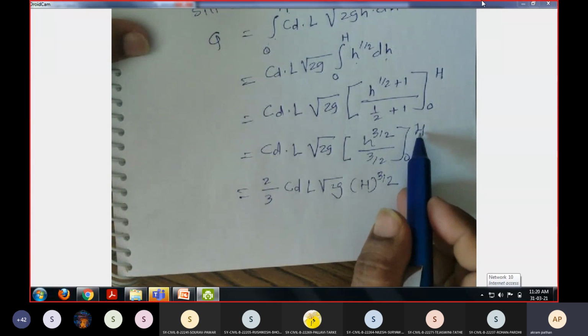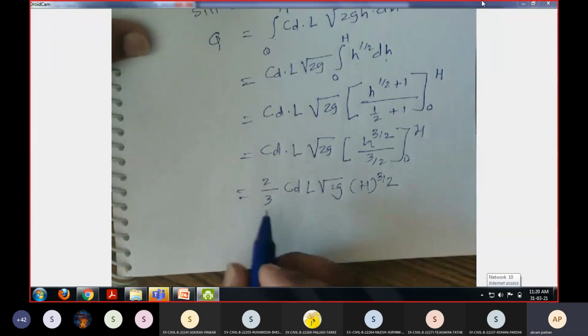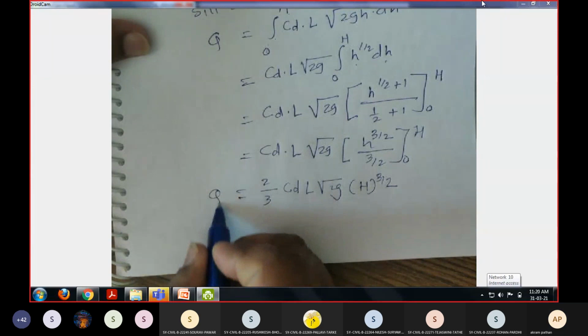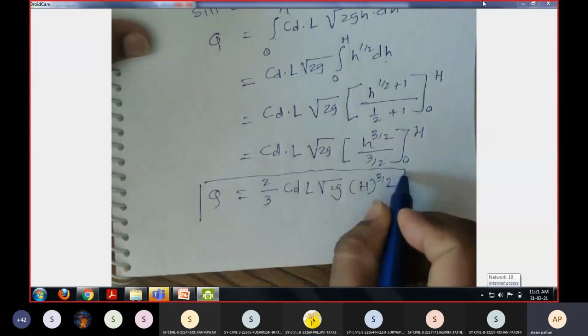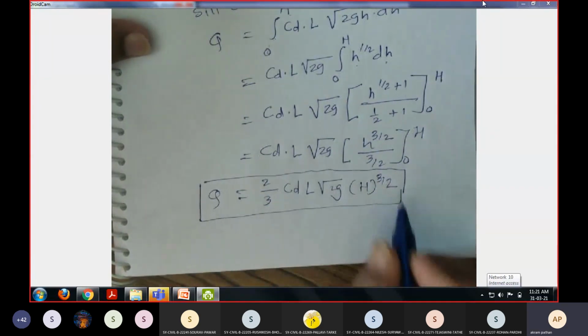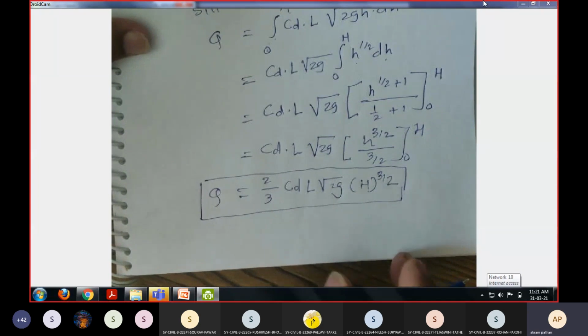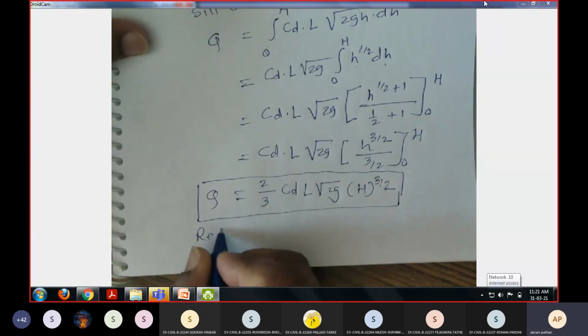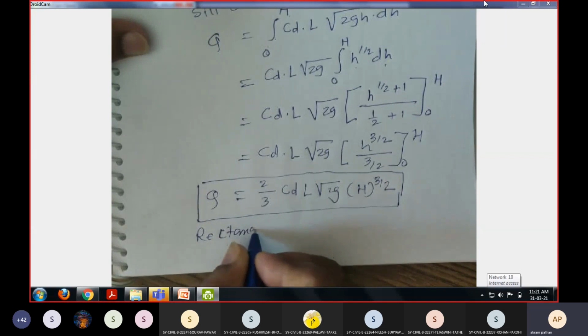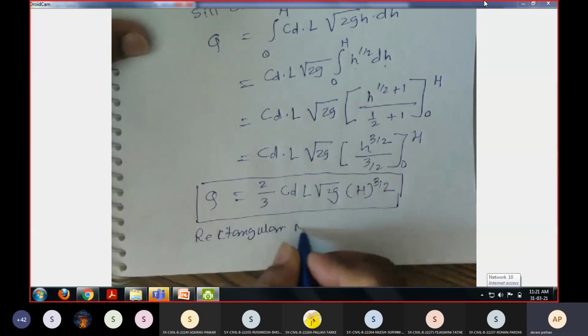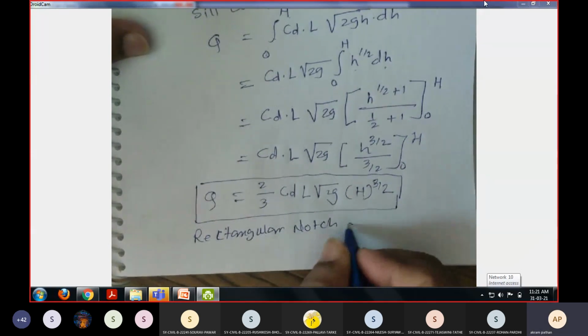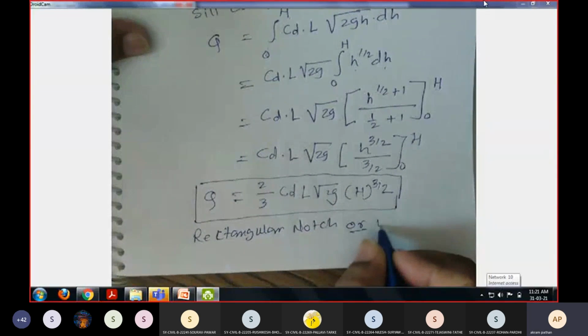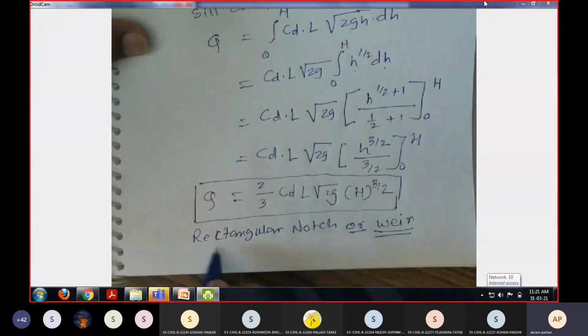Put the limit also, capital H. So this is the discharge through a rectangular notch or weir. Okay, this is the total discharge through a rectangular notch or weir. Okay, rectangular notch or weir.